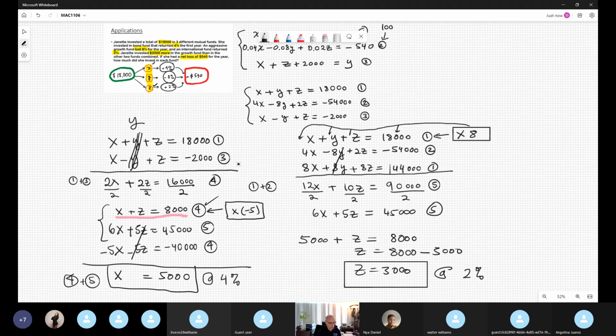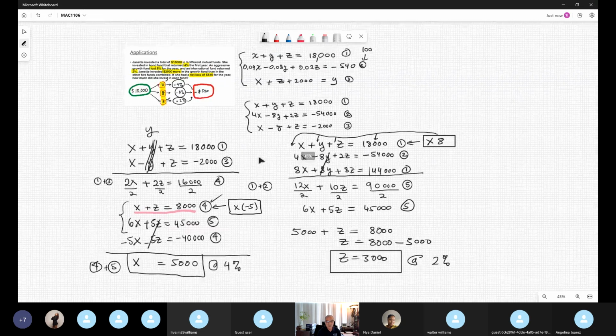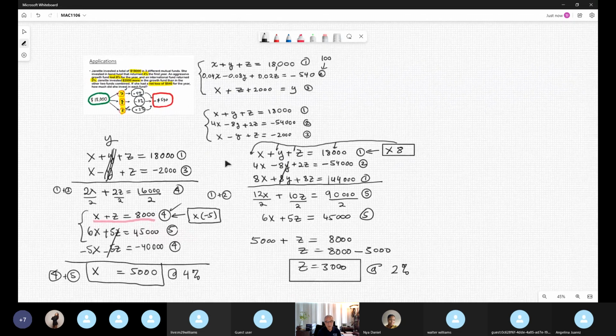Okay, now I want to find the y value. To find the y value, I recommend we use the original equation because we have in hand 2 variables, x and z. So I select the first one. It's obvious, right? x is 5,000.